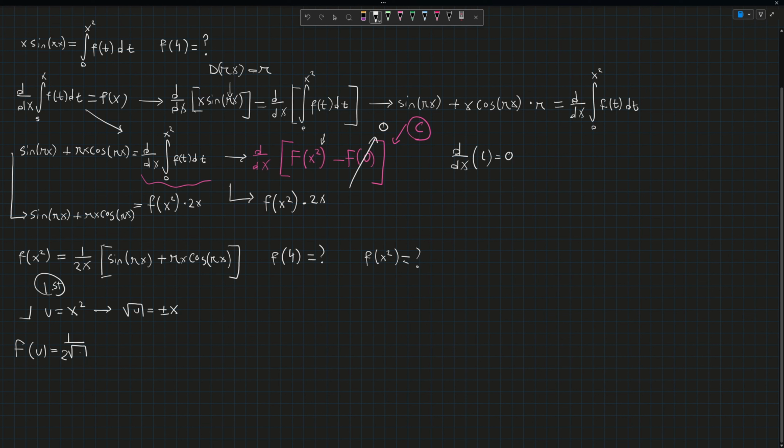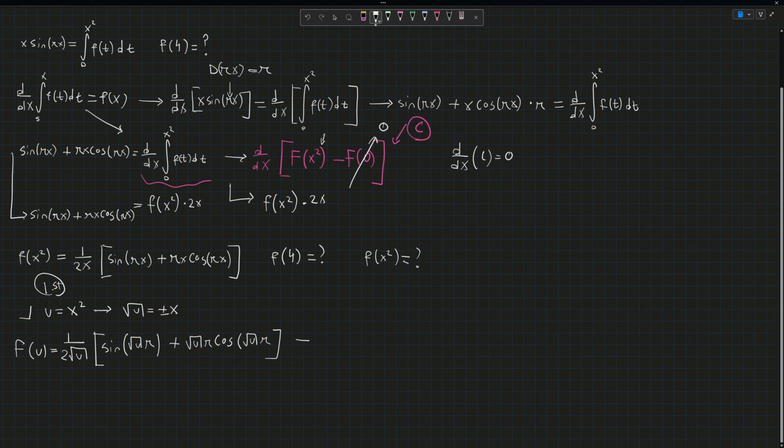So f of u is 2 times the square root of u over 1, times sine of the square root of u times pi, plus the square root of u times pi times cosine of the square root of u pi. And now we could directly substitute 4 into it.